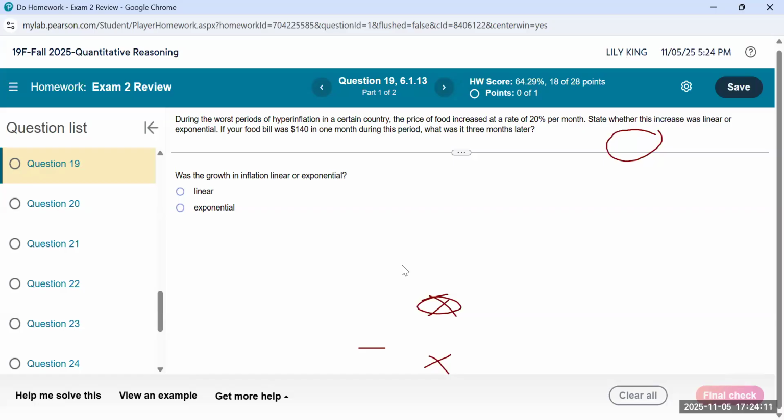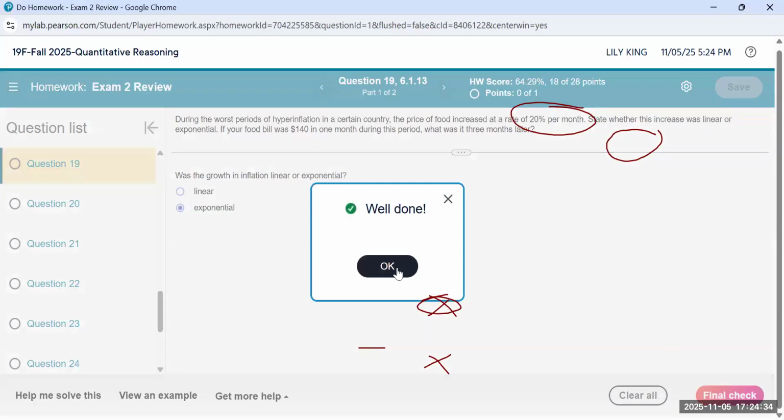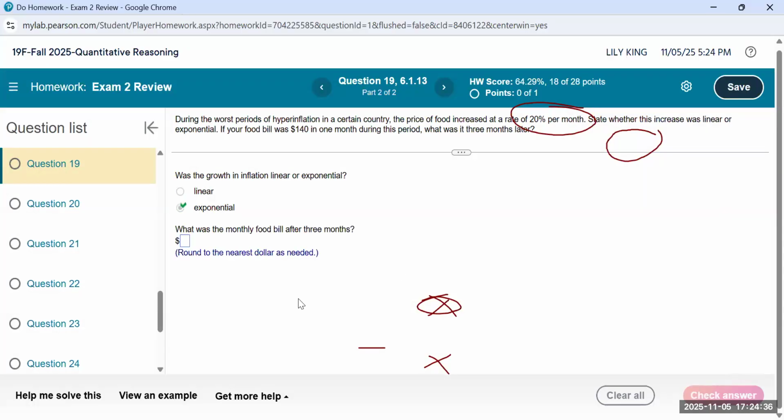And with linear model, we are looking at increasing or decreasing by a fixed amount, okay, each time. So because of the percentage, okay, we have an exponential. We are increasing by a constant percent each month. So this makes this an exponential. And to be more specific, this is an exponential growth.